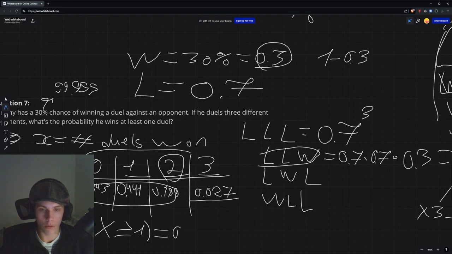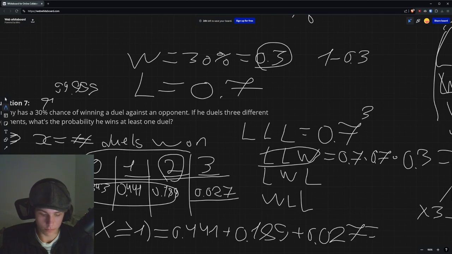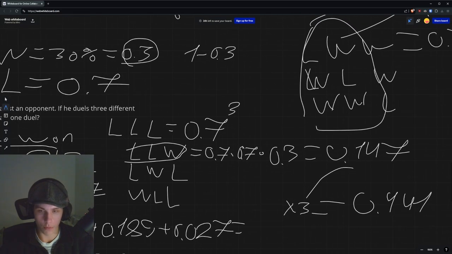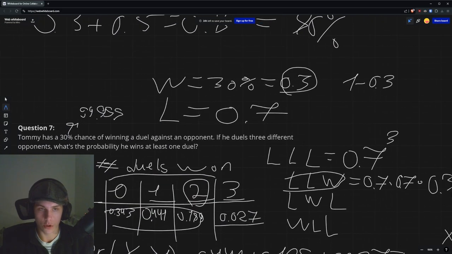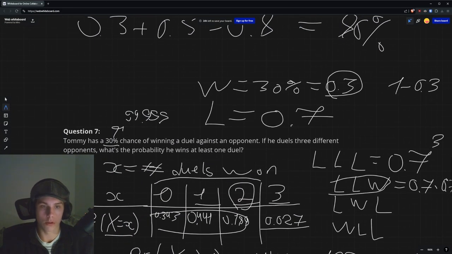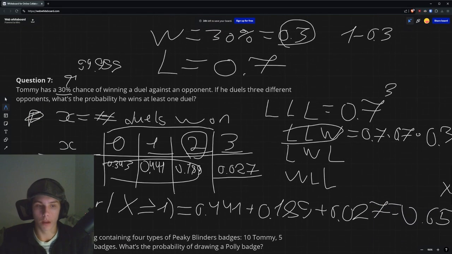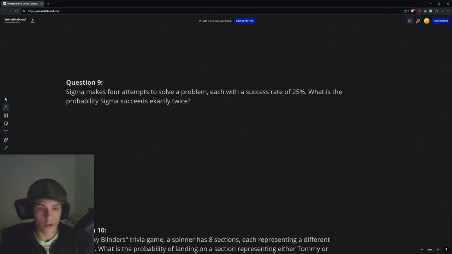So it's as simple as 0.441 plus 0.189 plus 0.027, which equals 0.657. So a 65.7% chance, which sounds reasonable considering he has good odds of winning. Question 8 out of 10.